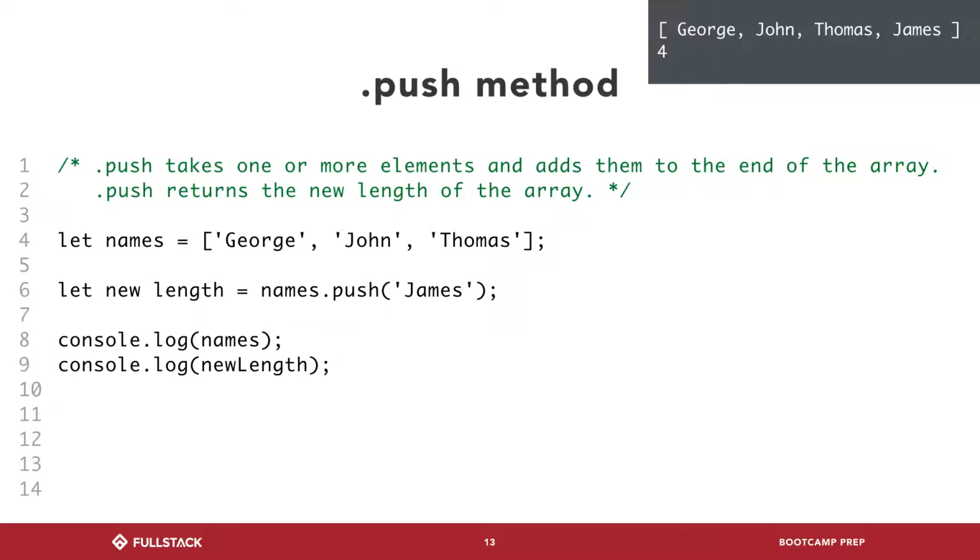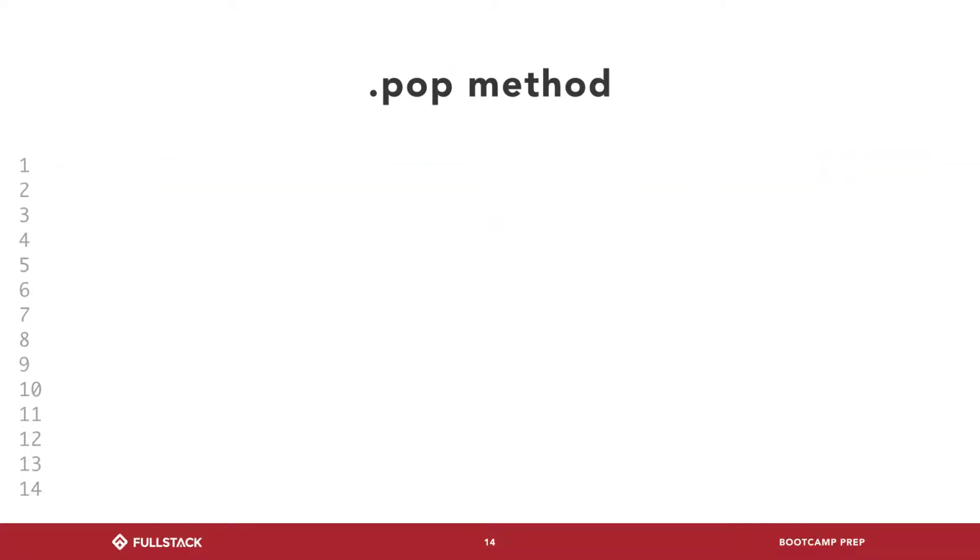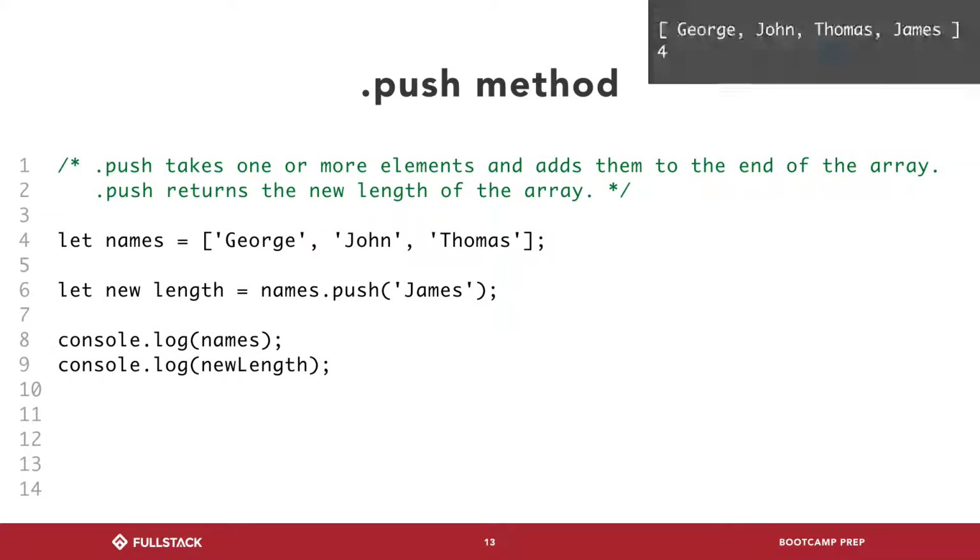Well, in this case, what this function returns is the length of the new array. So it's going to be whatever the length of the older array was, plus however many elements you're adding in. In this case, if I want to add more than one thing, all I gotta do is pass in more things into the push function, right? So if I want to add 8 things like names.push, James, comma, David, comma, John, comma, whatever, it'll just keep adding it to it.